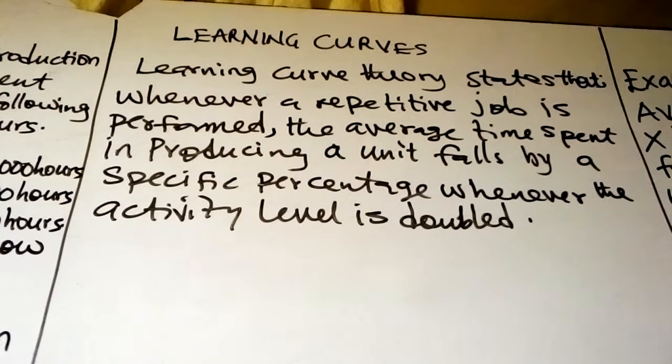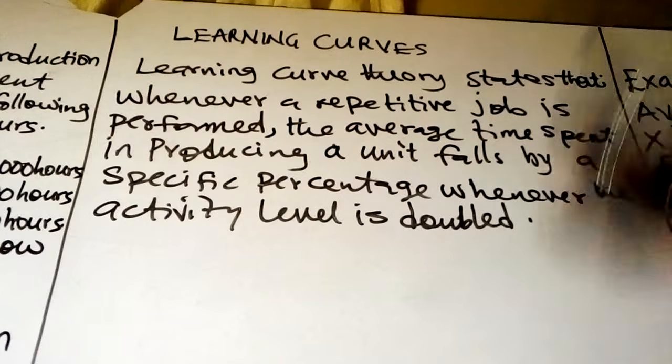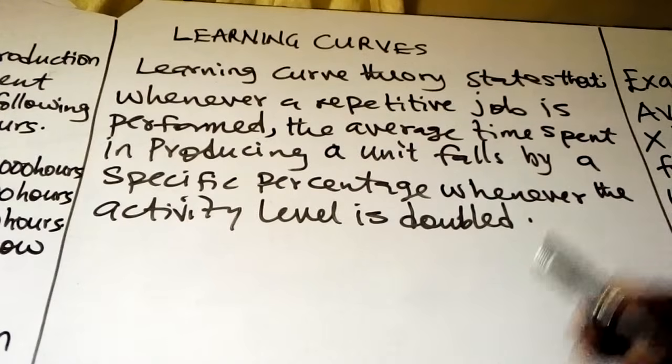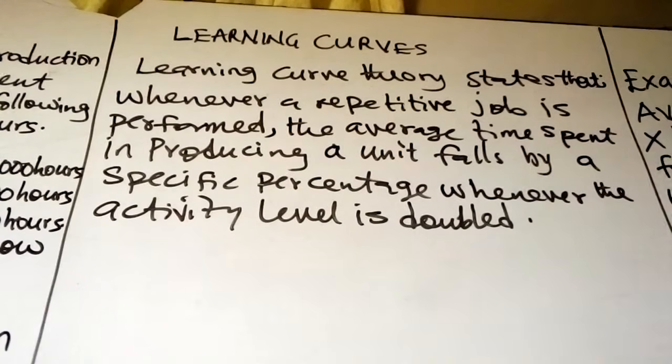That means you'll be able to perform that job faster than before. The time you spend in performing that task will fall by a percentage when you double the level of activity. That is the statement of the theory.